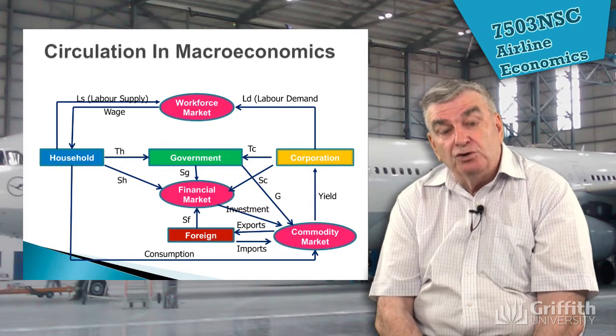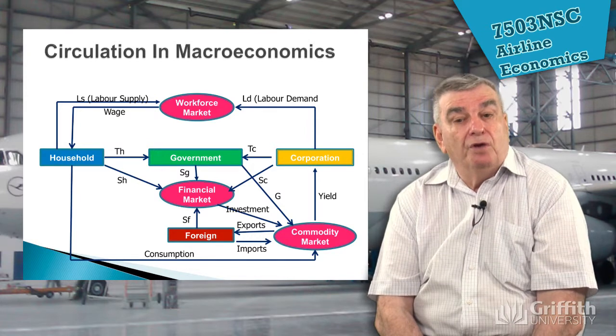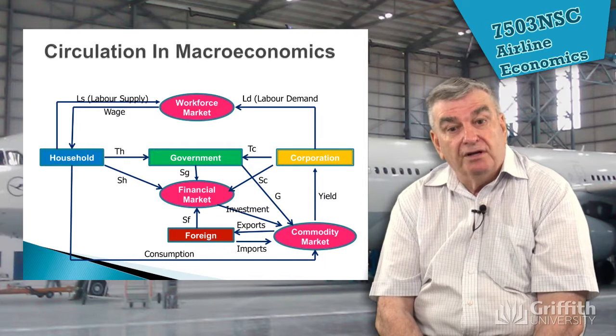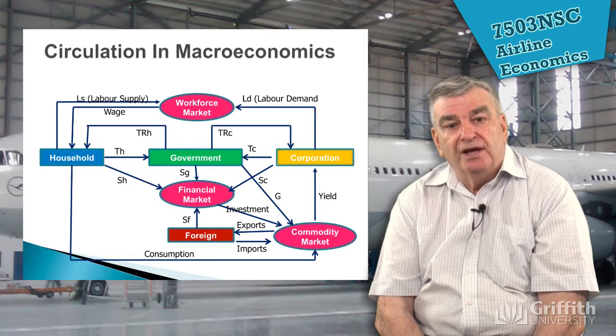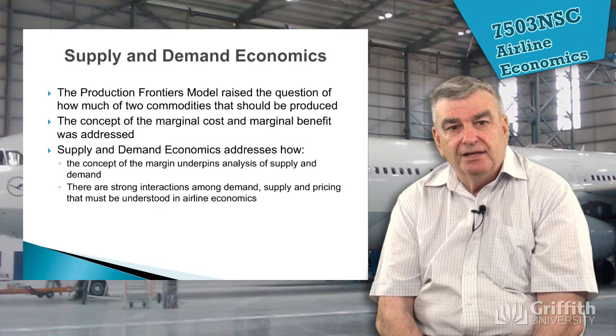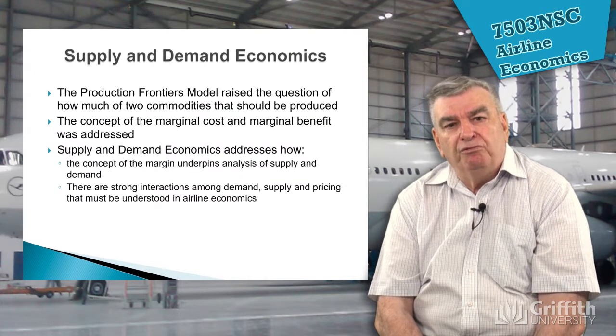This affects households, because obviously when your dollar is worth a lot more overseas, then you might be prepared to travel overseas. When your dollar drops, people stop travelling overseas. So we'll be looking at all these forces and the way in which they interact, and of course the whole business of taxation.